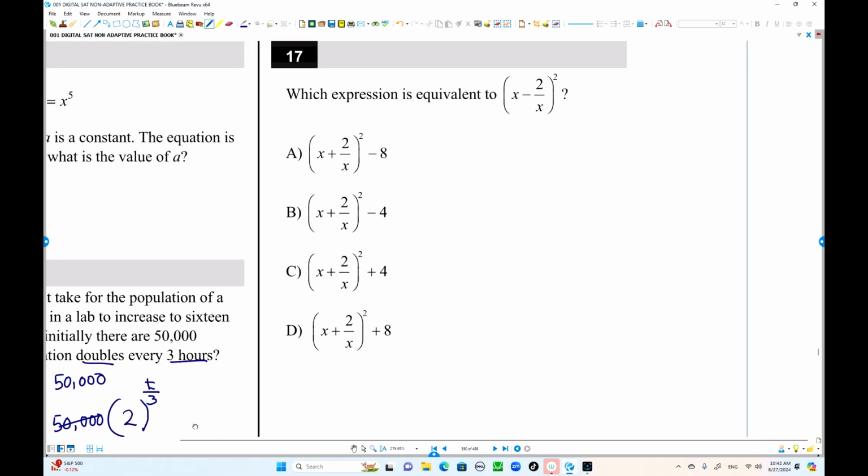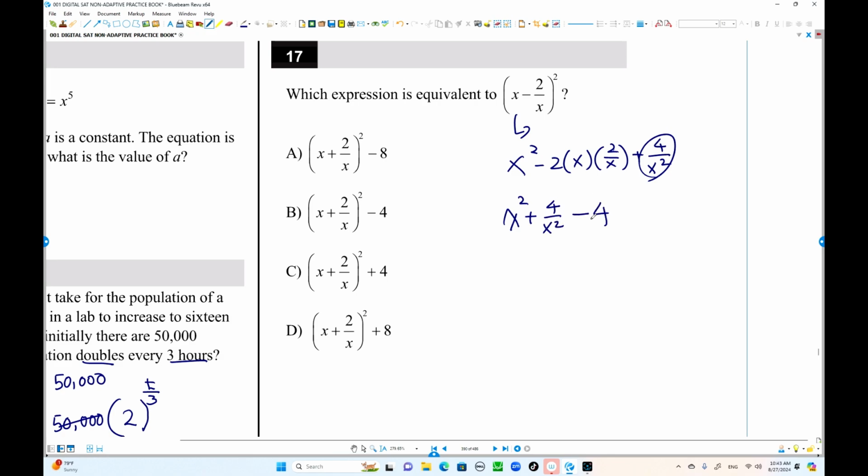Here is number 17, which expression is equivalent. Okay, expand this. What is that? x squared minus 2 times x times 2 over x, plus 2 over x squared, is 4 over x squared, isn't it? Actually, this one equals what? x squared plus, I'm going to write this first, 4 over x squared and minus 4, isn't it?